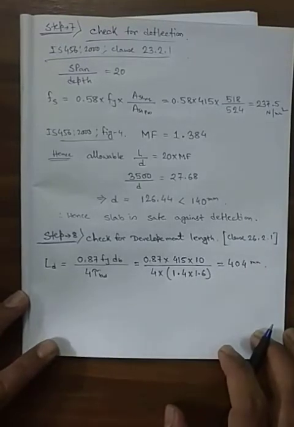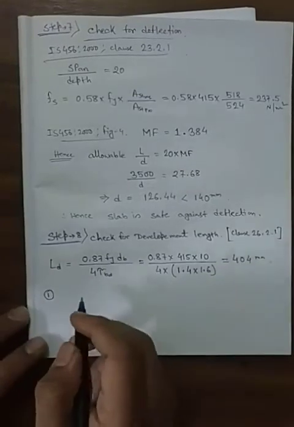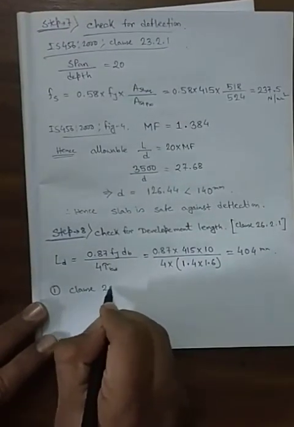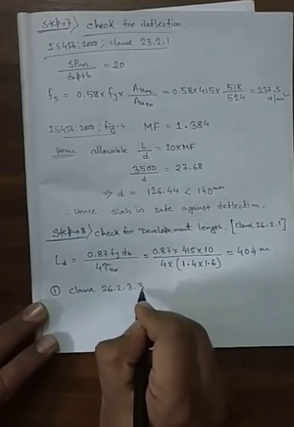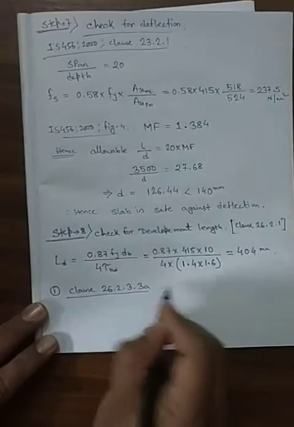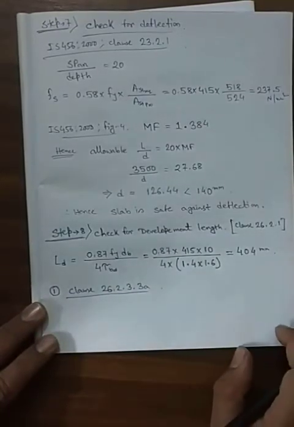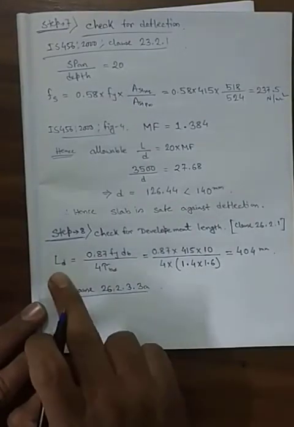Now we have to check. How can we check? Number 1, according to clause 26.2.3.3a of IS 456 2000, the embedded length into the support should be greater than LD divided by 3.